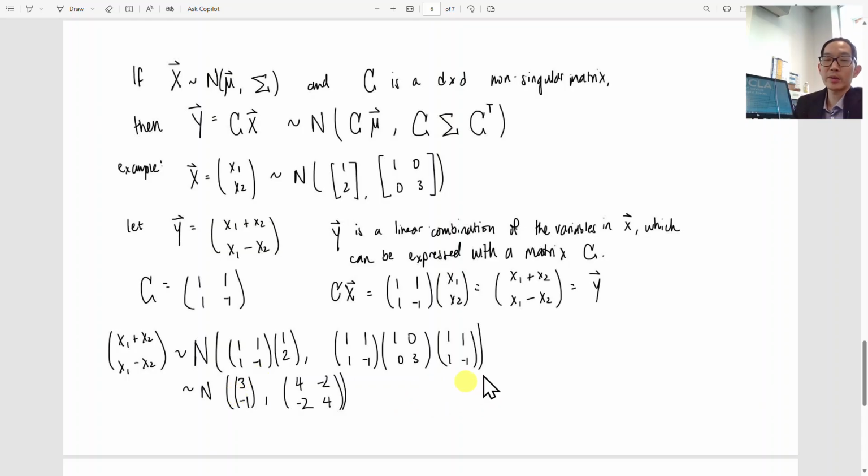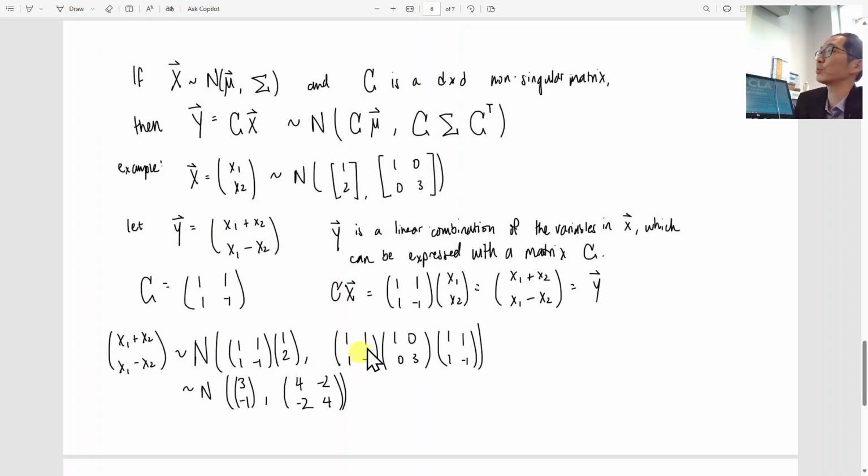But what about the variance? x1 and x2 are independent of each other, but if y is going to be x1 plus x2 and x1 minus x2, then the resulting variance will actually have some negative covariance between these two things. And the resulting variance of x1 plus x2 will be, that makes sense, 1 plus 3, you get 4.